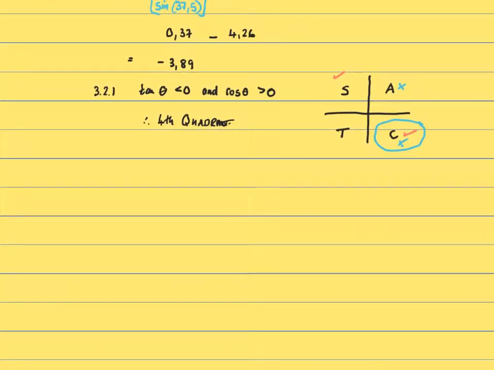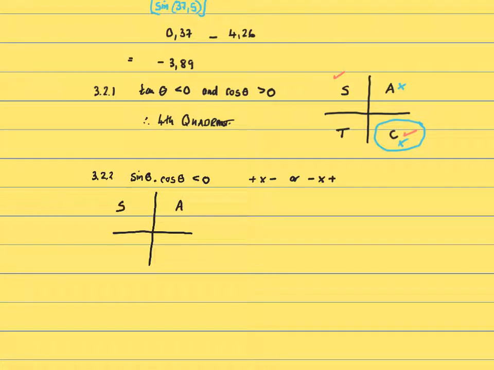All right, the next one, 3.2.2. They want to know where the sine of theta times the cos of theta is going to be smaller than naught. Now I've got to be careful here, because remember, if I want to get a negative answer, I can either have a plus times a minus, or I can have a minus times a plus. So let's draw our little CAST diagram.